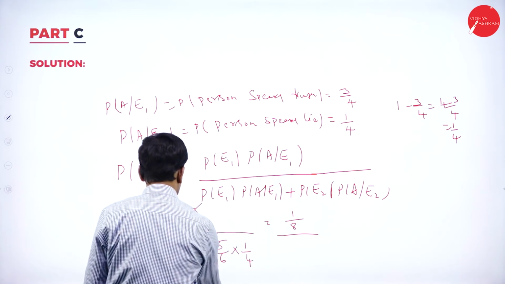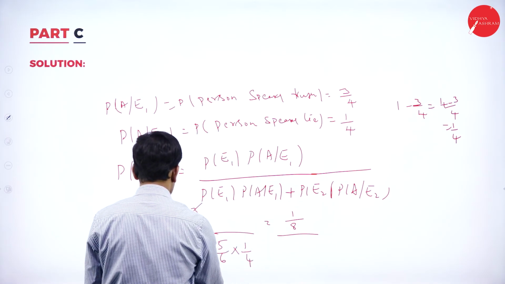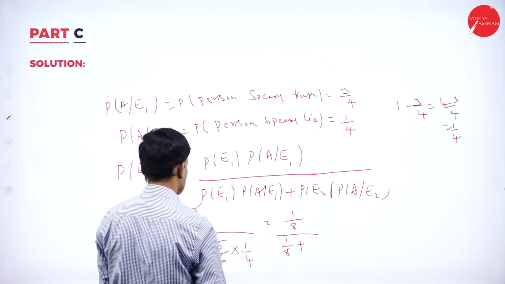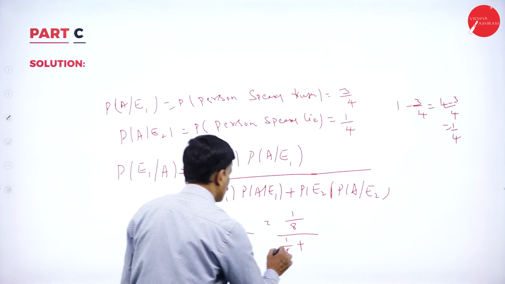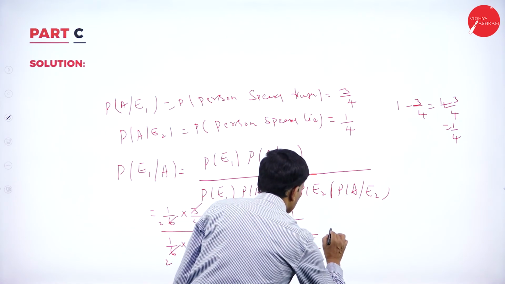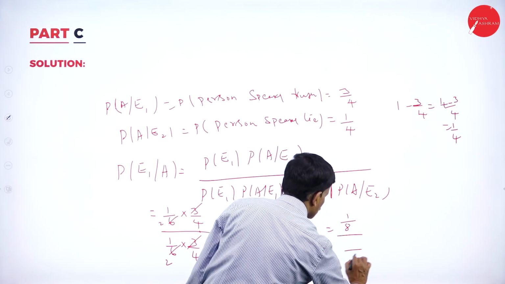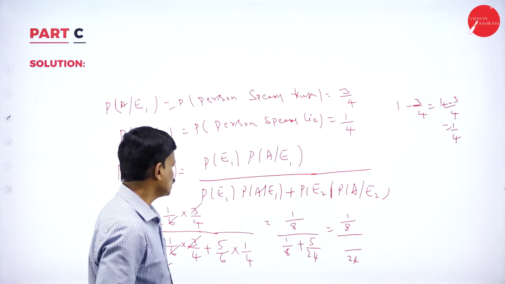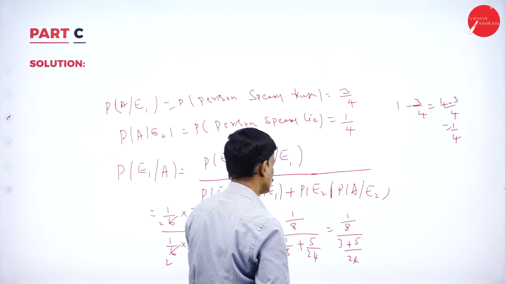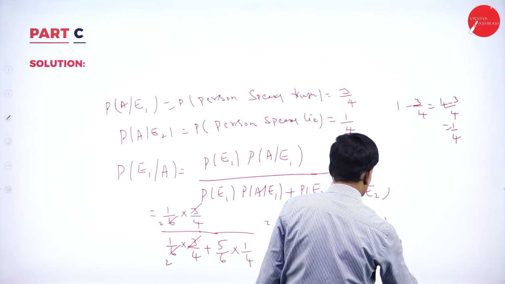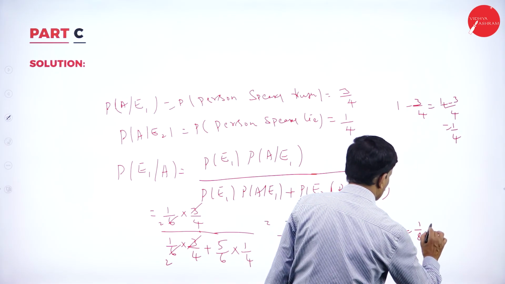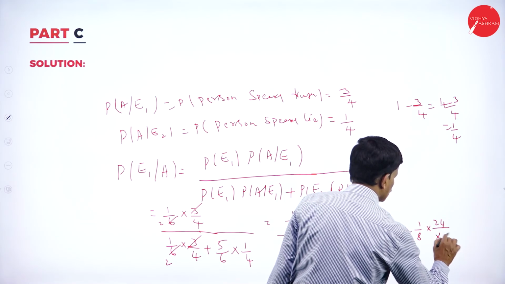Again, this 2 gets cancelled. So this is 1 divided by 8 plus 5 divided by 6 4s are 24. So this is 1 over 8, and as 24 is in the denominator, 24 is the LCM. So this is 3 plus 5, that is equal to 1 over 8 divided by 8 by 24, that is 1 over 8 into 24 by 8.